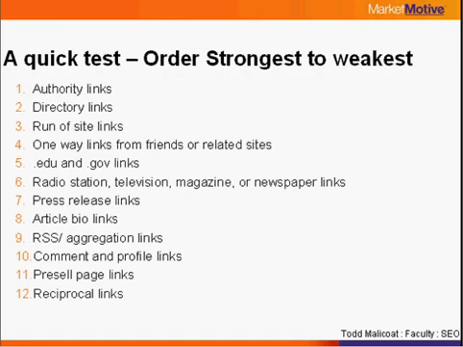Now this is not going to be definitive, and certainly there's some overlap in every type of category. There's probably many more types of links than just these, but this gives us a solid baseline to work with as a fundamental understanding of the different types of links and their inherent value. So take a quick pause, write these all down, and give your best guess in terms of strongest to weakest. If you got to pick which links you got, which ones you would get first.